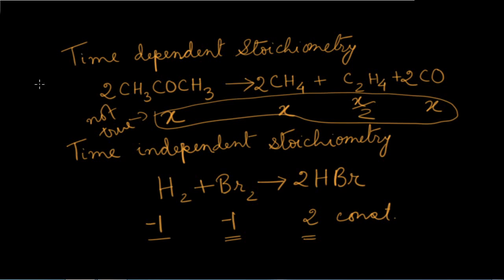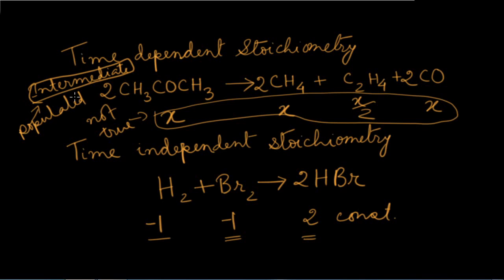There is a formation of an intermediate in this reaction, which has a thermodynamic stability. Therefore, when acetone decomposes to form the intermediate first, going to methane and ethene and carbon monoxide, this intermediate actually is populated significantly.